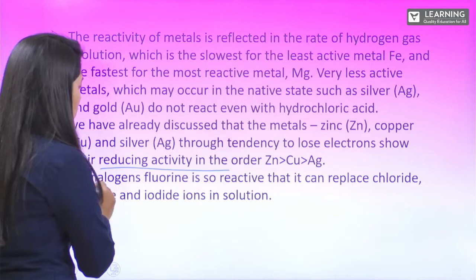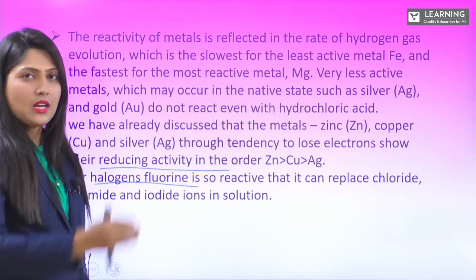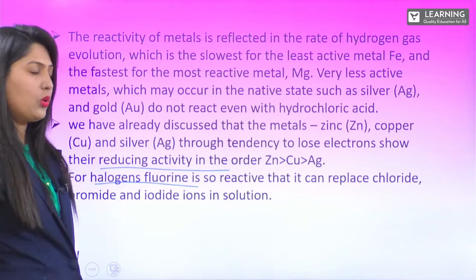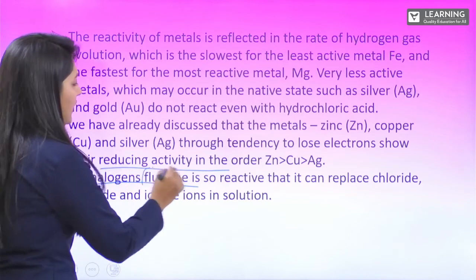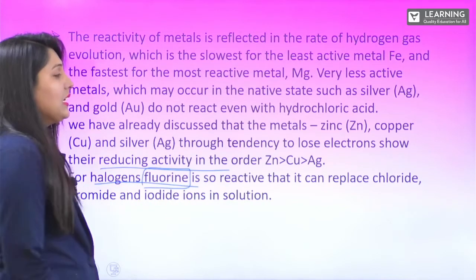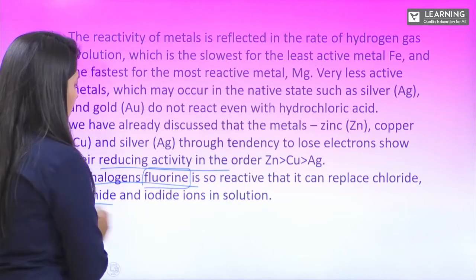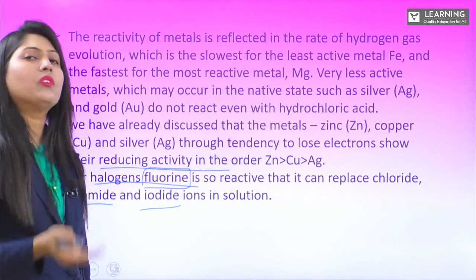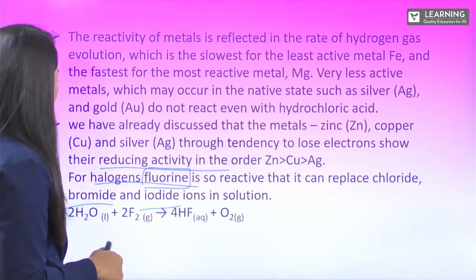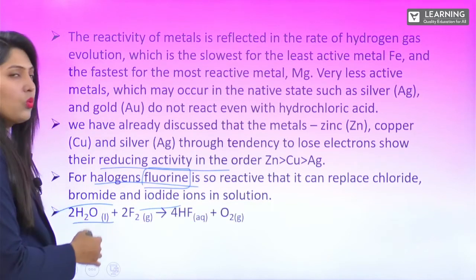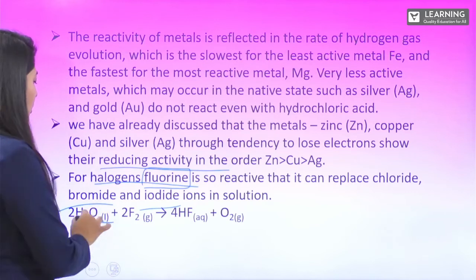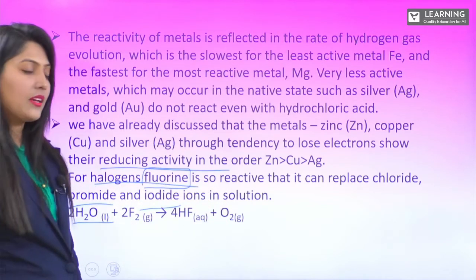So what happens for halogens? The halogens are fluorine, chlorine, bromine and iodine. Fluorine is so reactive that it can replace chloride, bromide or iodide ions from any of their solutions. With water, when fluorine is added, oxygen can also be removed.